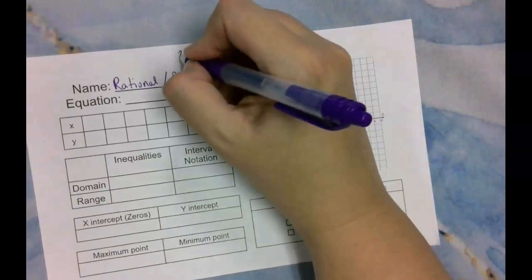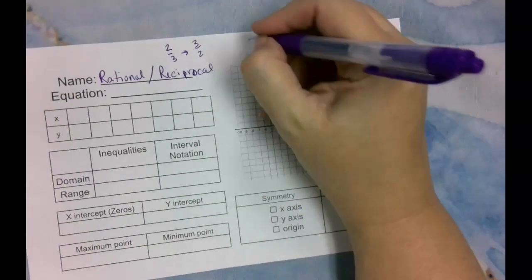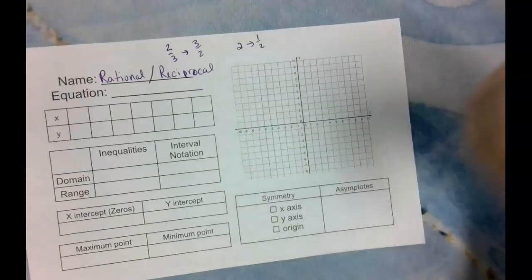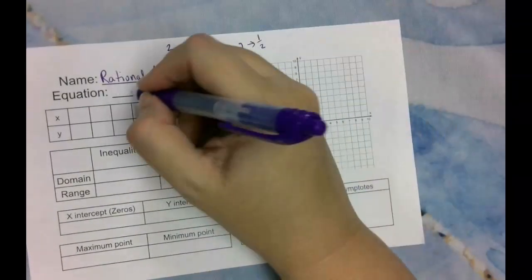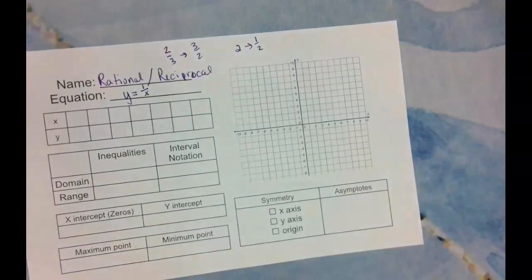The reciprocal of 2/3 is 3/2. It's where we flip it over. The reciprocal of 2 is 1/2. So it's where we flipped it over. And that's what this formula looks like. Y equals 1 over x. So you can see why they call it reciprocal.